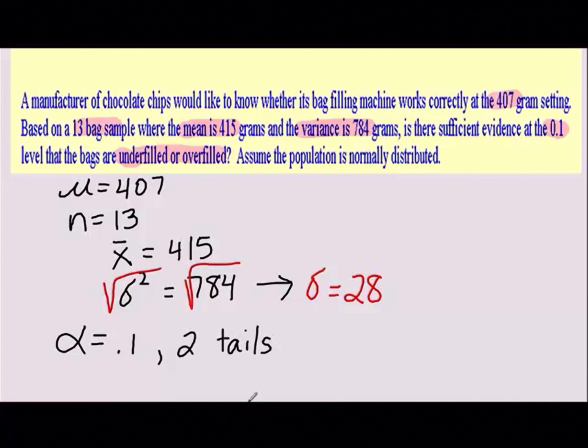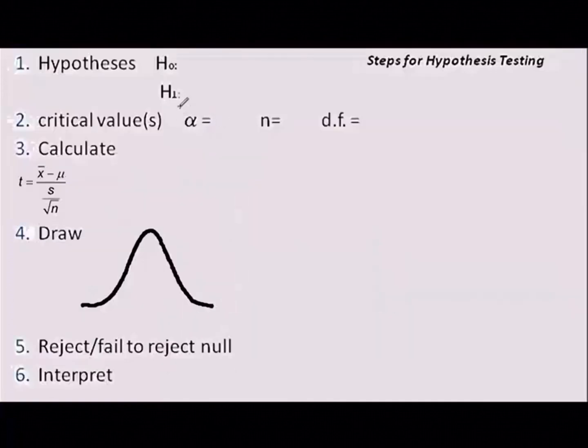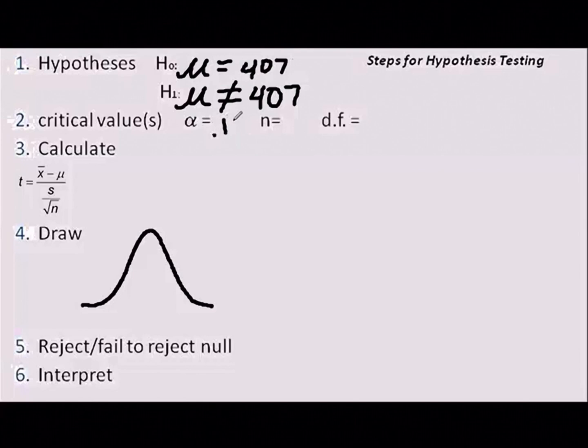So let's do our hypothesis test. We think underfilled or overfilled, but certainly not the 407. They would say the mean is the mathematical opposite. It is 407. Alpha was 0.10.